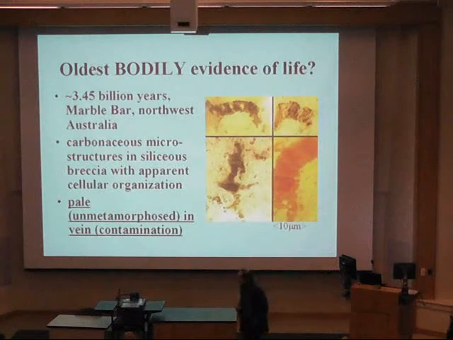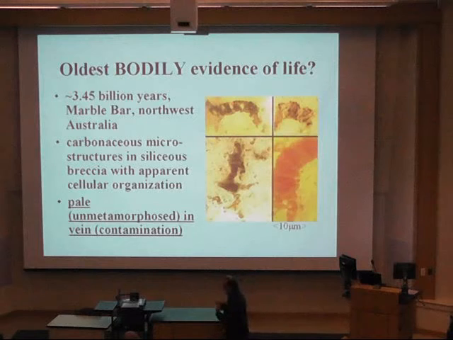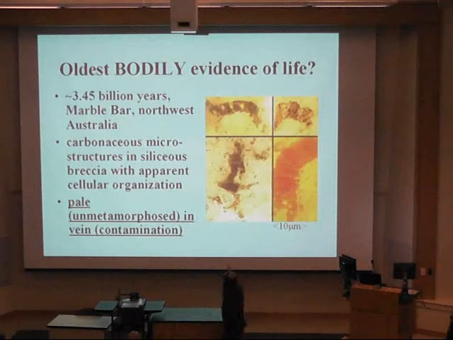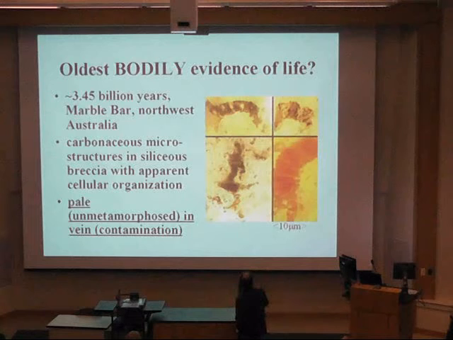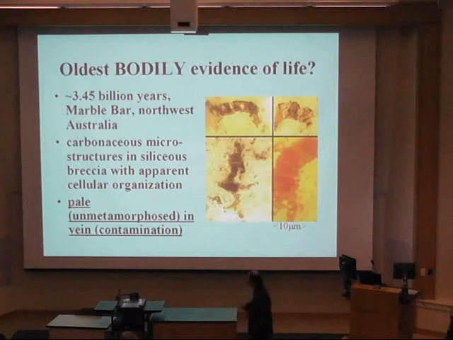These are the oldest ones that you see in the textbooks. Just under 3.5 billion years old. They're alleged to be carbonaceous structures that show chains of microbial cells. This is about 10 microns from there to there, 10,000ths of a millimetre.